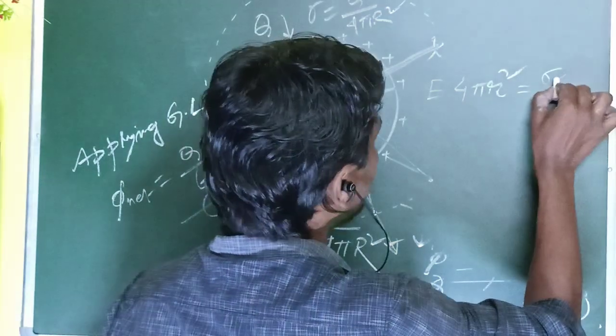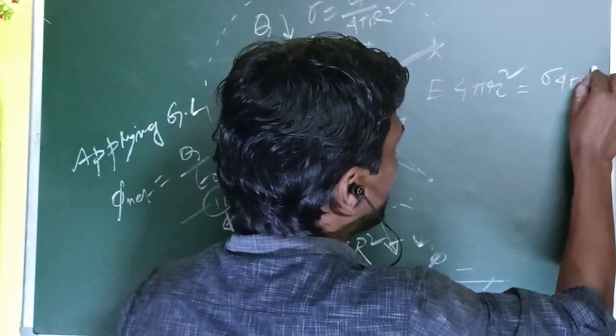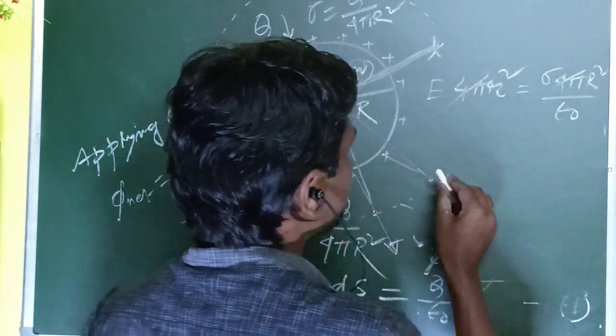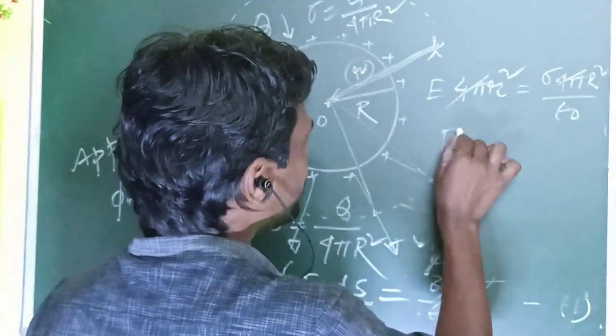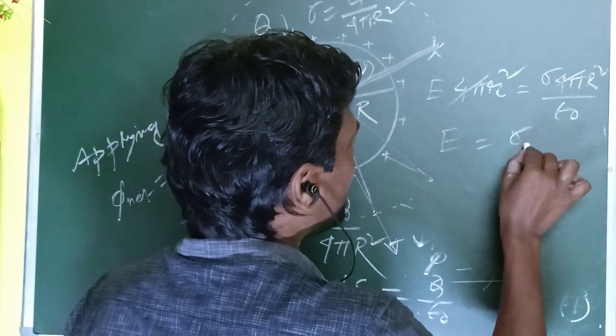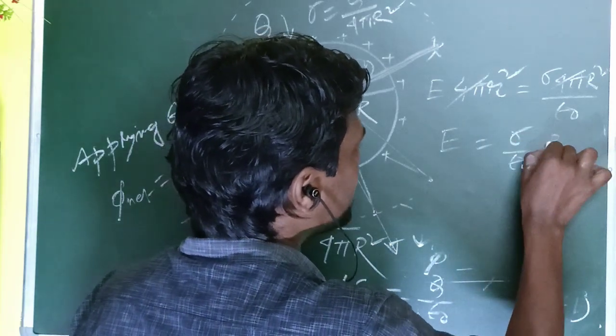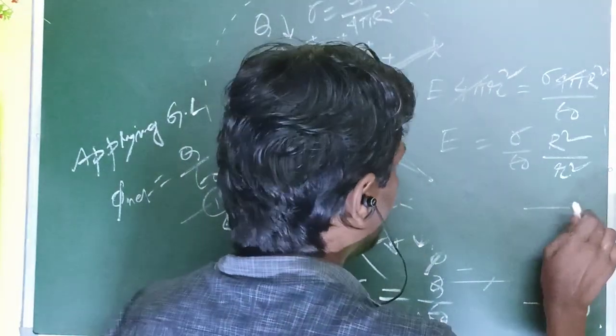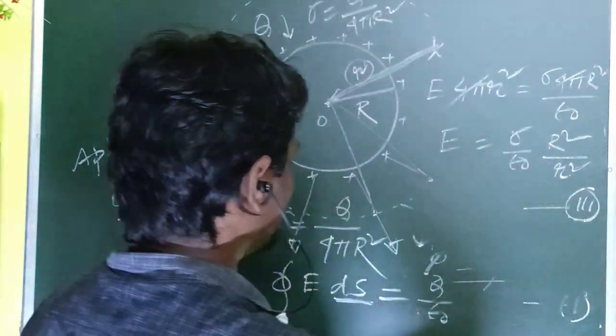So E equals sigma by epsilon naught into capital R square by small r square, cancelling the 4 pi. So this is equation 3.